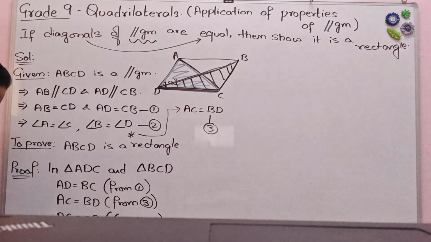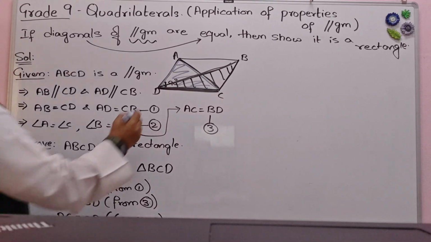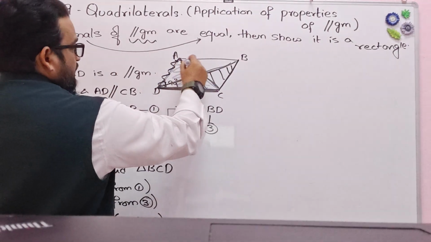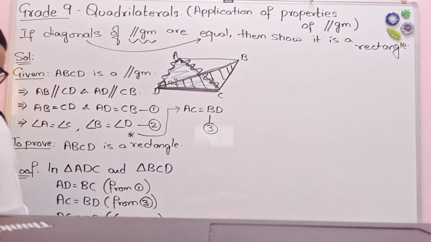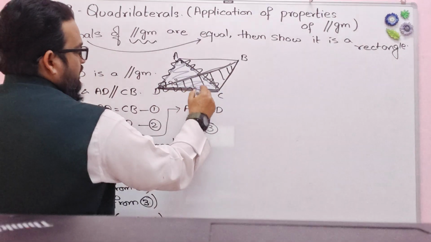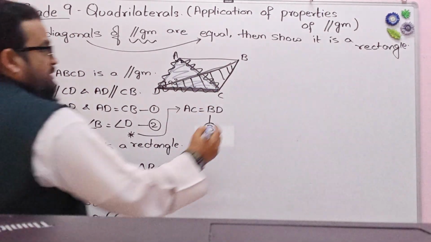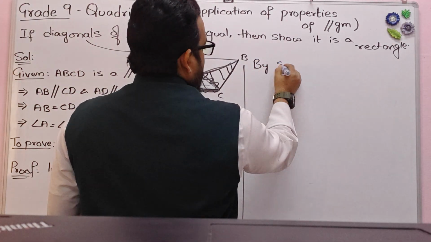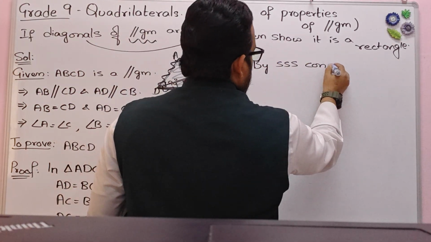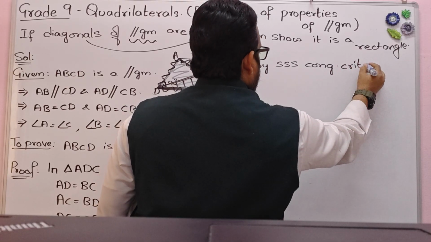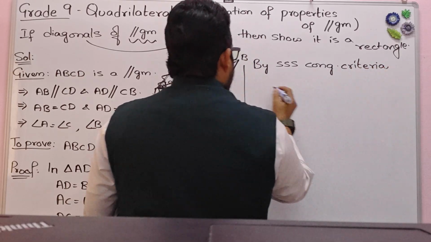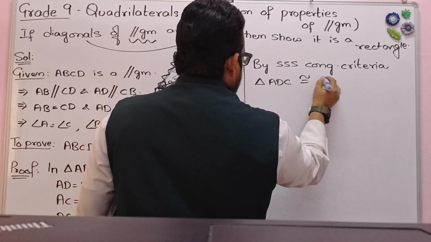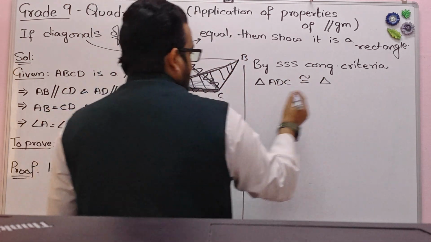So if we take any one triangle, AD is this side, AC is another side, and DC is third side. So that means by SSS congruency criteria, triangle ADC is congruent to triangle BCD.